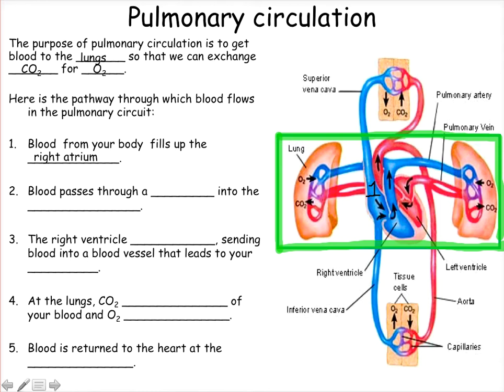Okay, so from spot number 1, the right atrium, blood will flow this way to this area here, which I'll label number 2. To get from the right atrium into area number 2, which is the right ventricle, we had to pass through a valve.